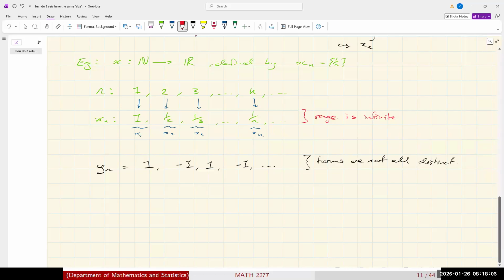However, in the sequence y sub n, the range is finite. The range is just a list of all the different outputs. Why is the range finite? Because the range is either 1 or -1. In the example x sub n, the range is infinite because it could be any number of the form 1 over n, and that's infinitely many.